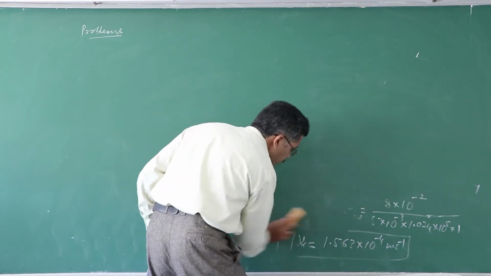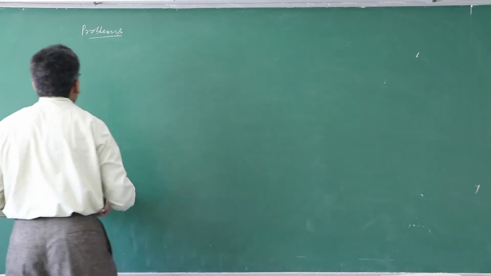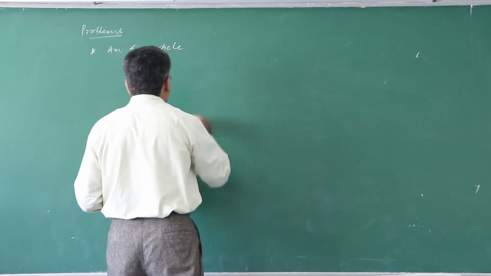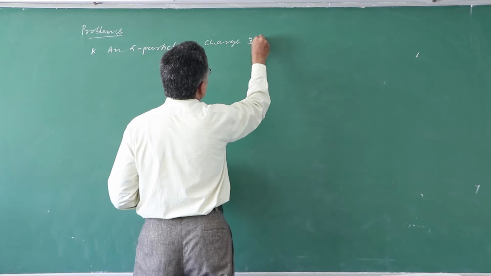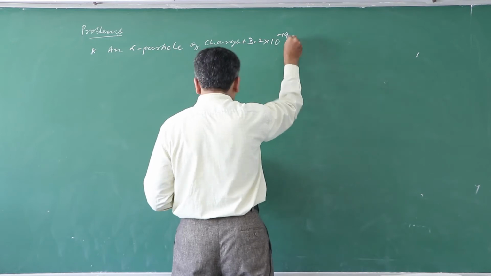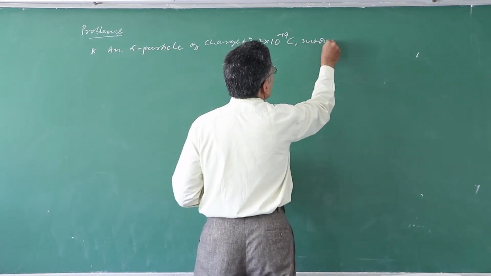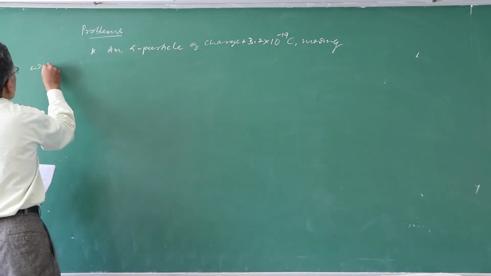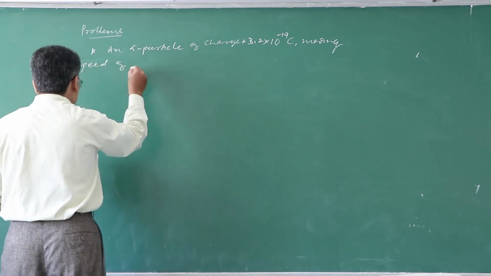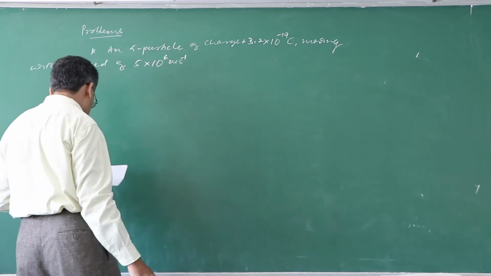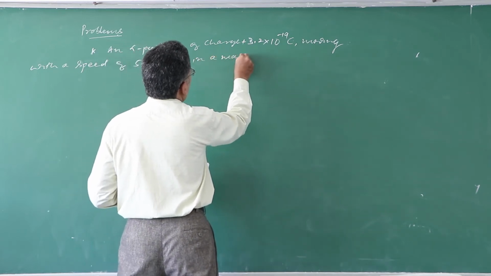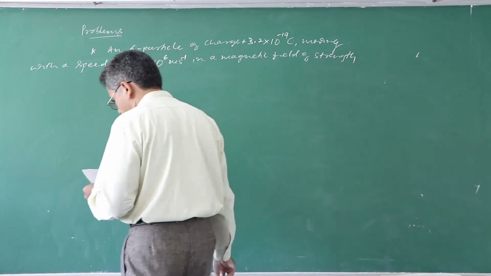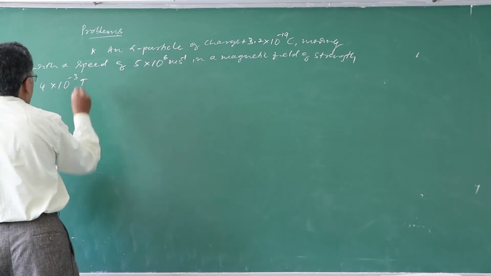Now we shall take the next problem. See here, we have an alpha particle of charge plus 3.2 into 10 raised to minus 19 coulomb, moving with a speed of 5 into 10 raised to 6 meter per second in a magnetic field of strength 4 into 10 raised to minus 3 Tesla.